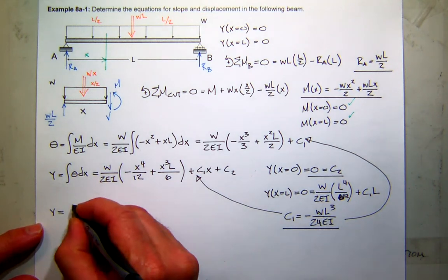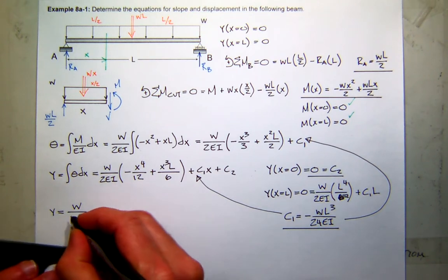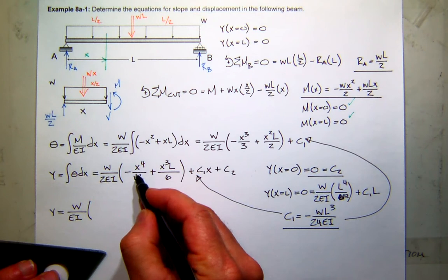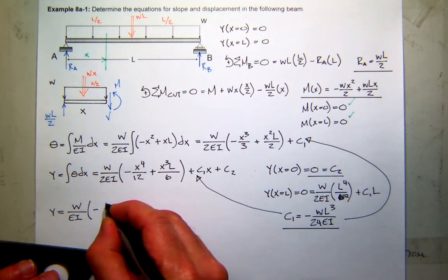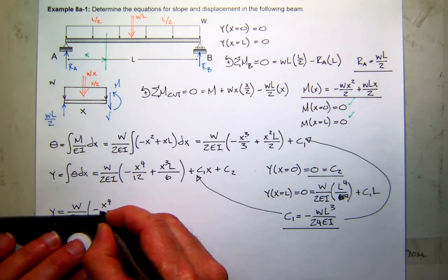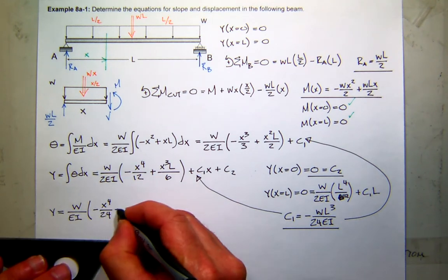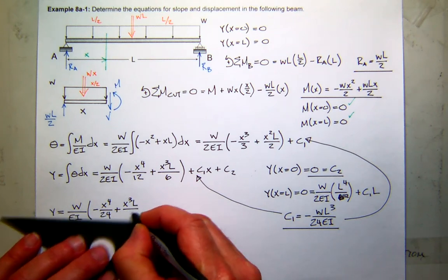So I think I'll just start with that first. The first term, that 2 runs in there and makes that 24. So I get x to the 4th over 24. The second term becomes x cubed L over 12.